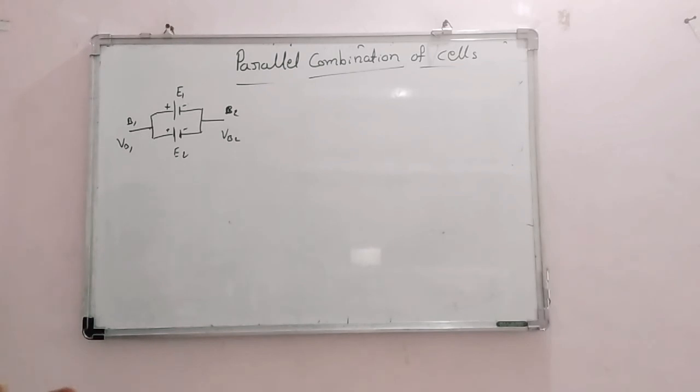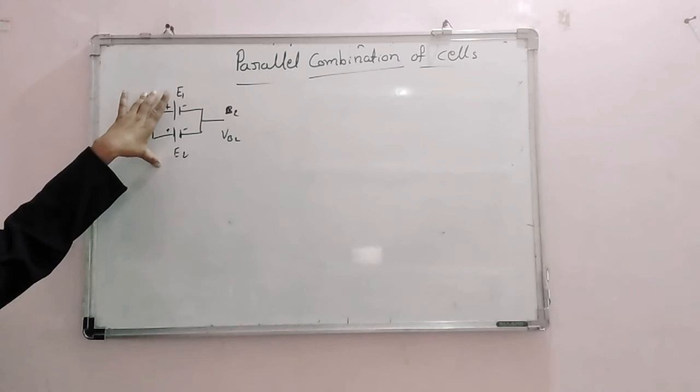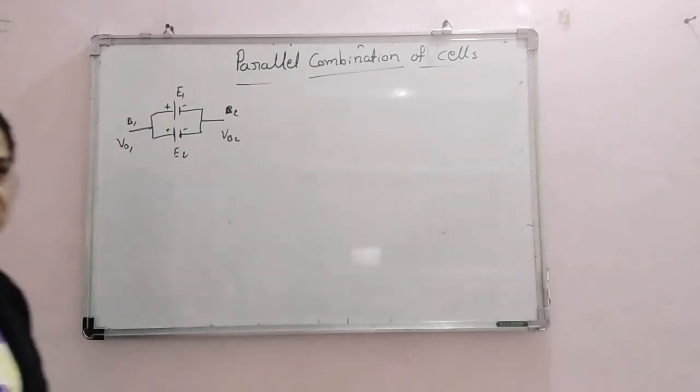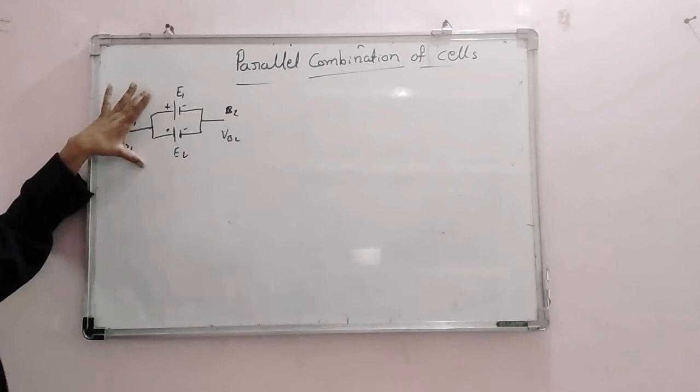In a parallel combination of cells, once we set the EMF of the combination, we can't increase it by increasing the number of cells. So this is the disadvantage.